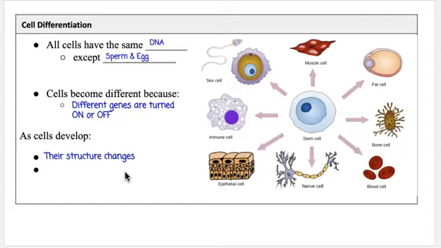As cells develop, their structure changes, and that determines their function. So a nerve cell looks different than a muscle cell because they have different parts of their DNA turned on. But it's all the same DNA.